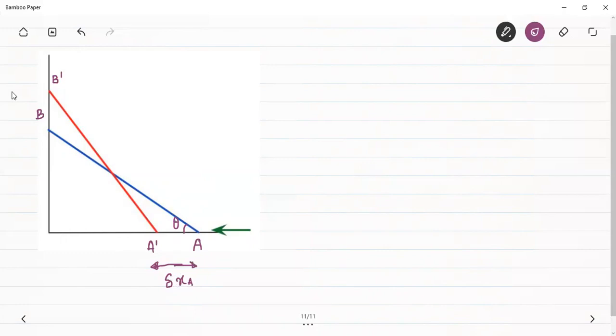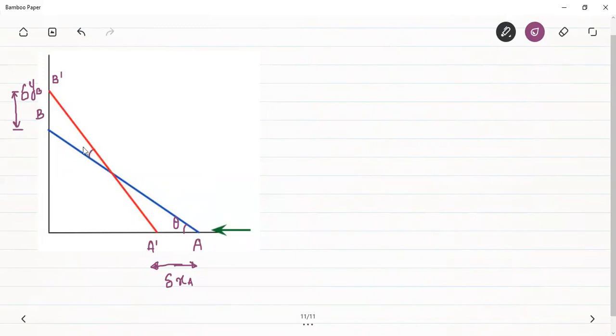Now let's say that this point B has displaced by this much distance in the y direction, therefore let's say that this displacement is equal to delta yb. We can also see that there will be a certain rotation, a change in angle, which will be represented by delta theta.